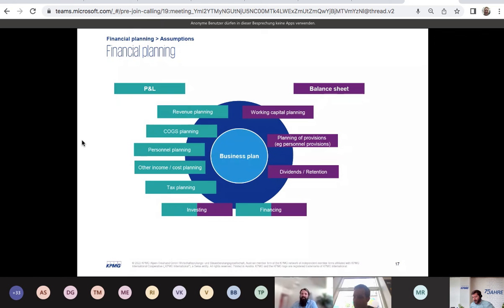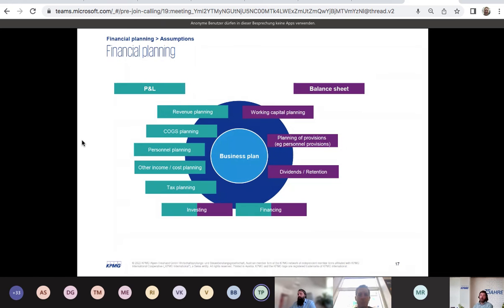No worries. Yeah, let's continue with the assumptions behind, or financial planning assumptions. Here you would see, well, more from a technical perspective, which positions or which categories you would need to plan for your business plan.